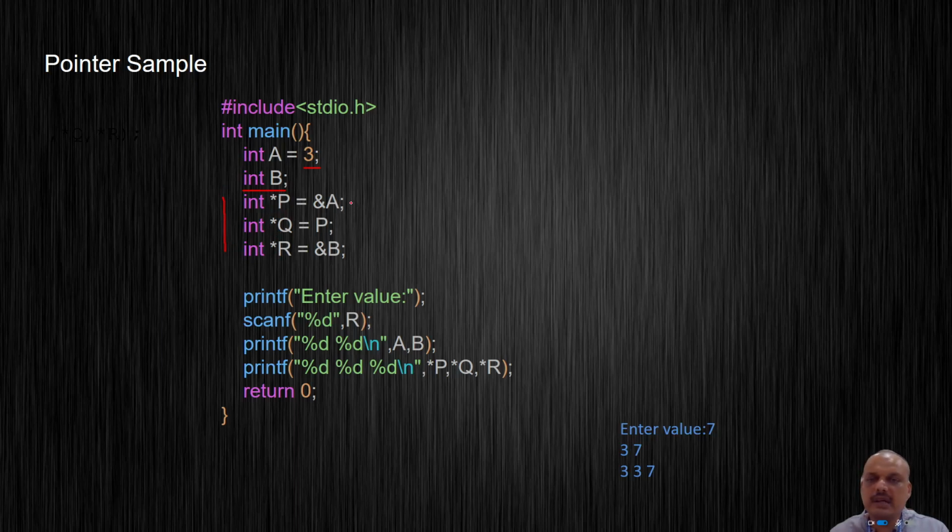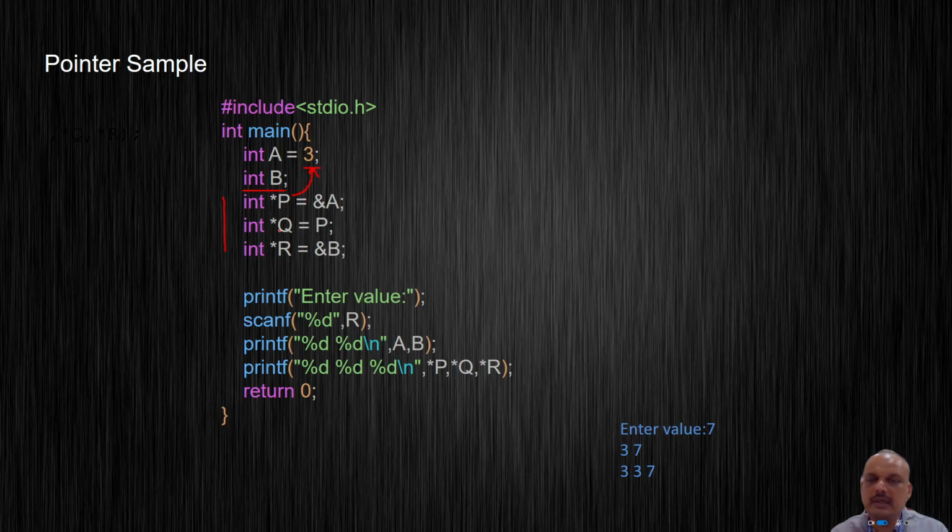Star p basically points towards a, so p is pointing to a. Q is pointing to p. Okay, and what is p pointing to? A. And what is q?